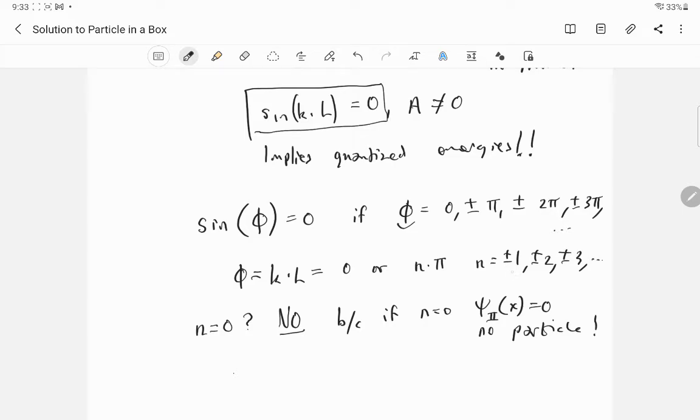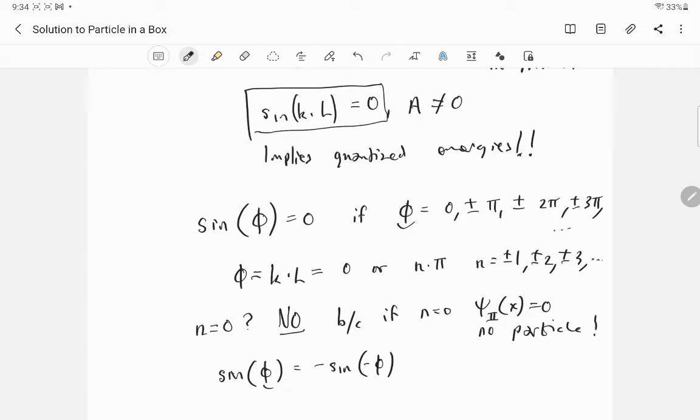What about the plus and the minus? Turns out that sine of an angle phi is odd in that angle. That is, if you evaluate the sine of the opposite value instead, it's always opposite to the sine of the value.